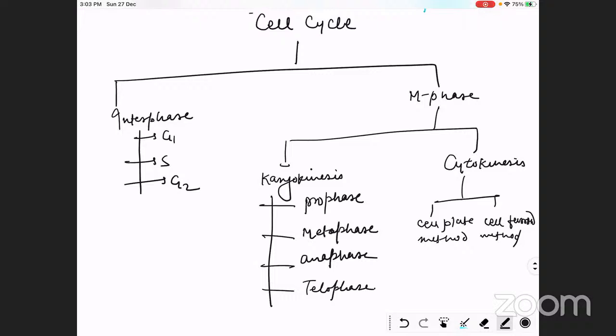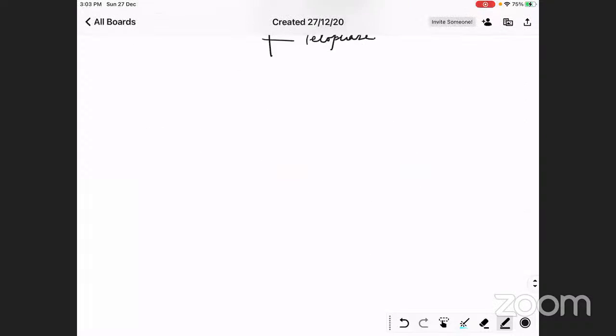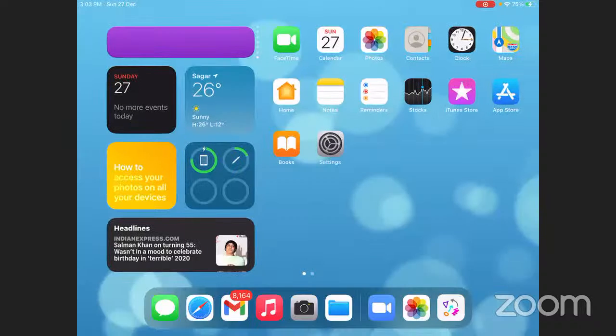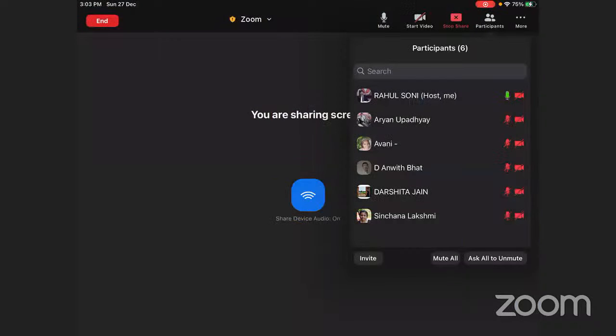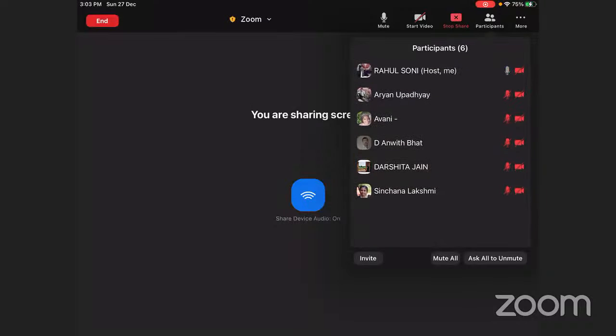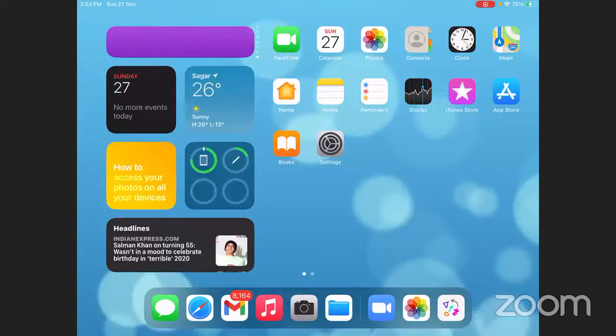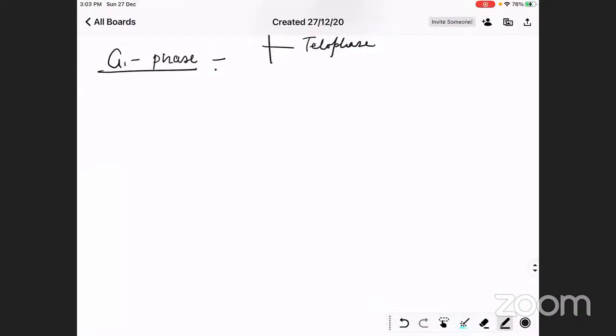Okay, so the first phase of the interphase is the G1 phase. Just please remember this diagram.